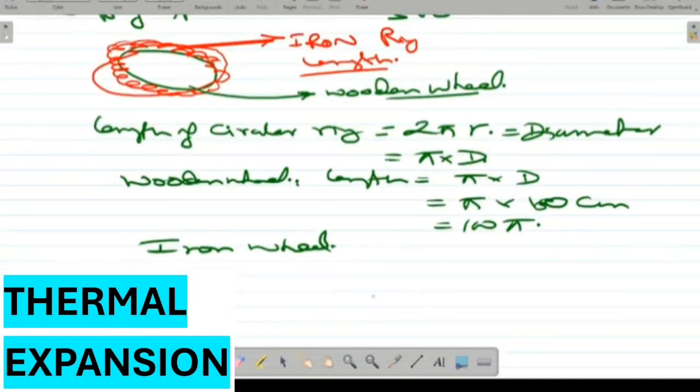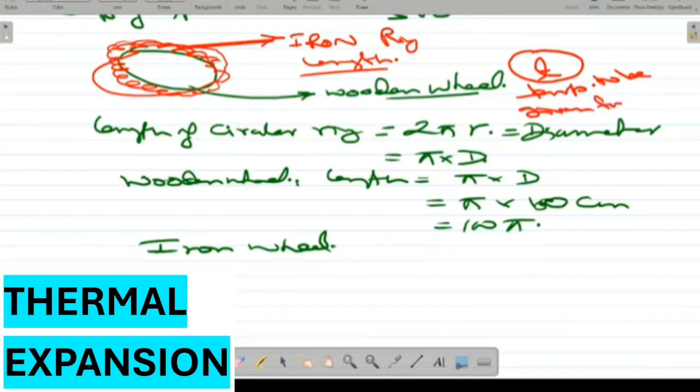So we will just come to the question and solve it, and let us write that here T is the temperature to be given for expansion of the iron ring. Why does this need to be given? This needs to be given so that with application of this temperature, the iron ring expands, and it will allow itself to fit over the wooden wheel, and when it shrinks, it is fitted there, right?